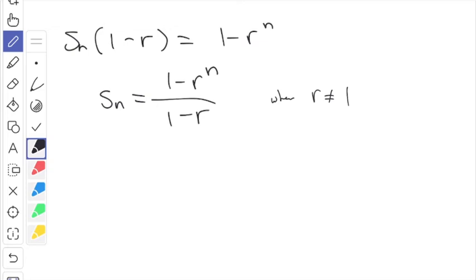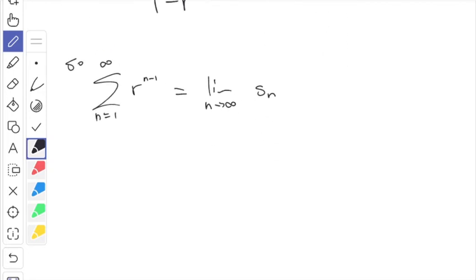And so that means my original series, remember the series I was talking about was the sum from n equals 1 to infinity of r to the power n minus 1, is equal to the limit as n goes to infinity of Sn, as always. This is the definition of the series. But now I can put in my nice formula for Sn: 1 minus r to the n over 1 minus r.